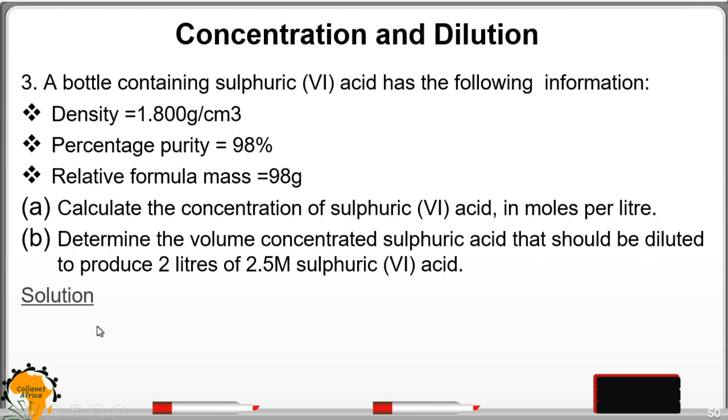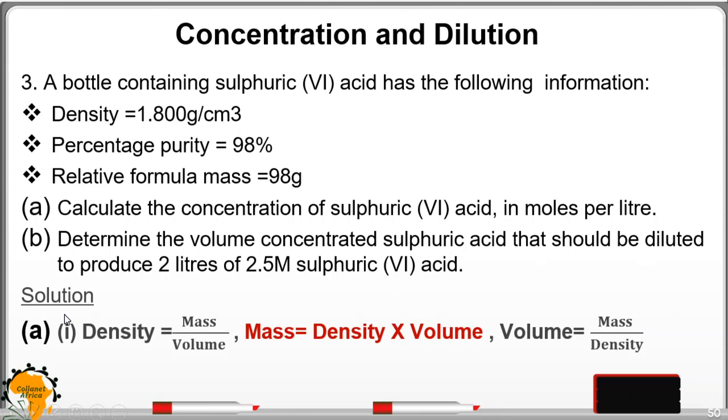This is how you work out this. You have been given the purity and also the density. So here we need first of all to establish the mass of this sulfuric acid, and we are going to consider 1000 centimeters cubed because our calculation will be done per liter.